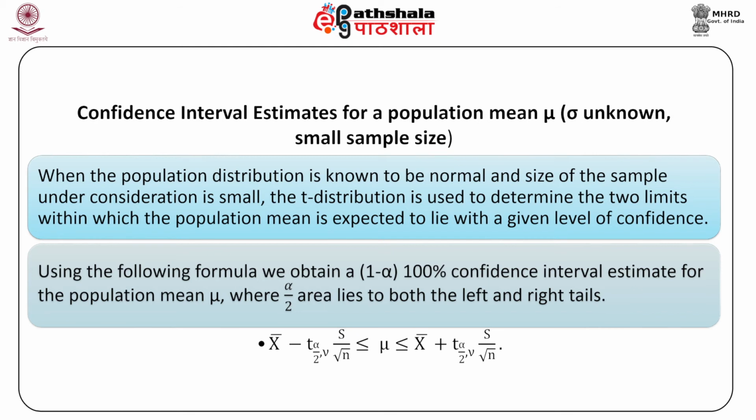So this basically means that mu lies between these two limits, the lower limit and the upper limit, and the limits are formed around x bar and s by root n, which is the standard error of x bar. Here you can therefore observe that the left and the right hand expressions of this equation give the estimates of lower and upper limits of the interval respectively.